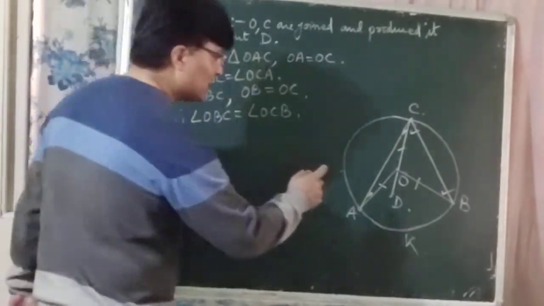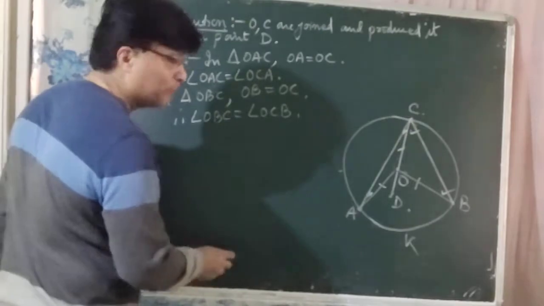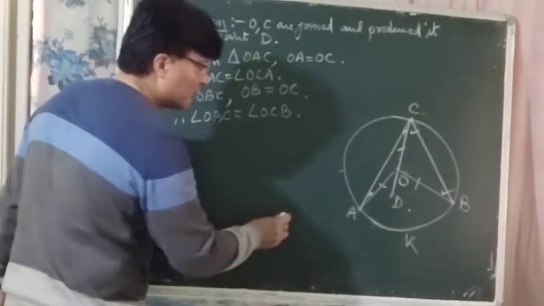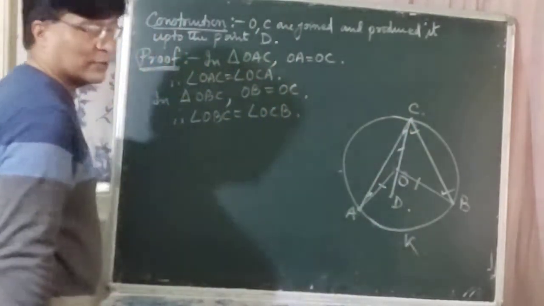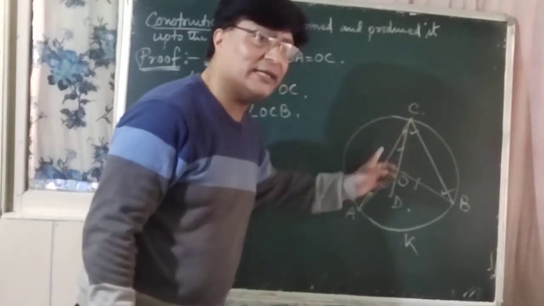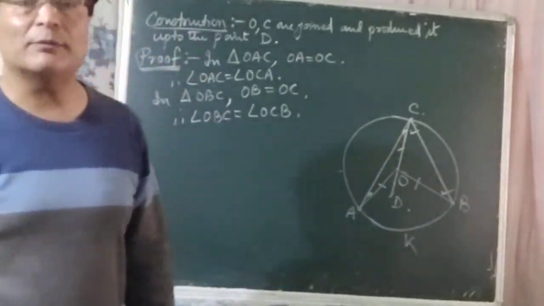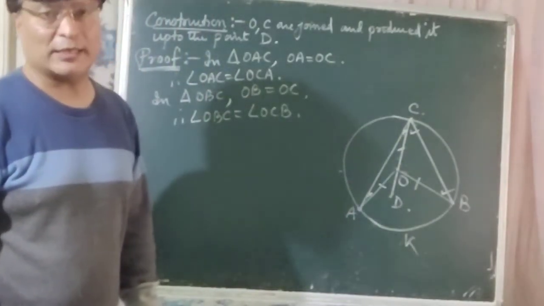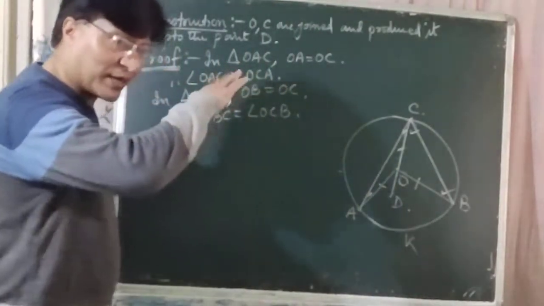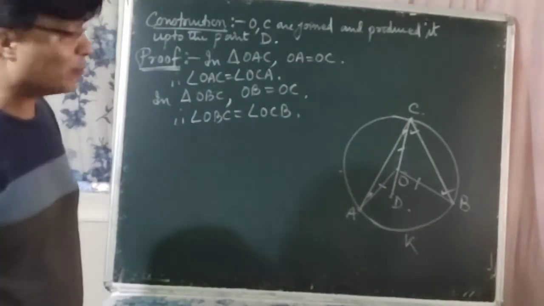So now you know that this external angle AOD is equal to the sum of the two interior opposite angles. Since angle OAC and angle OCA are inside the triangle, we call them interior angles. But angle AOD is outside the triangle, so we call it an exterior angle.